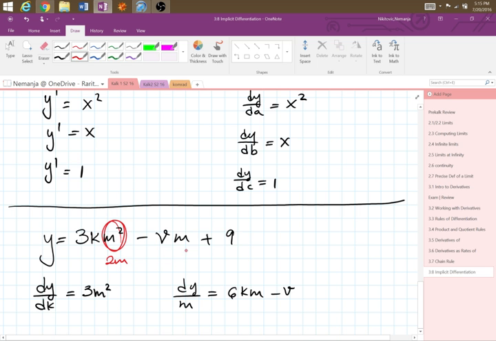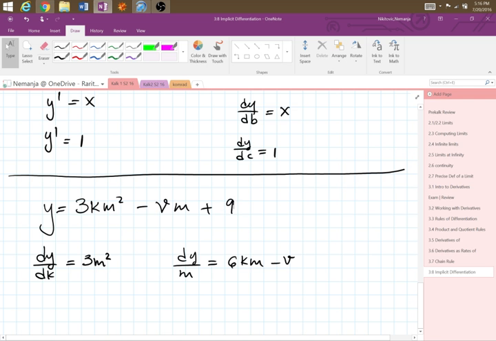Over here, the derivative of m is 1, so minus v, no m's in the last term, so plus 0. Are you on green on this? And we can also ask what is the derivative in respect to v. Anyone? Negative m.